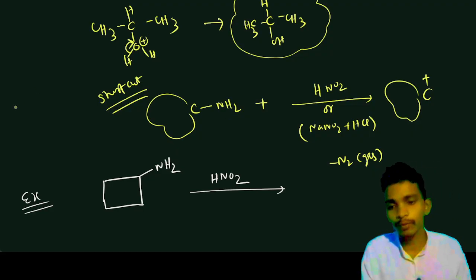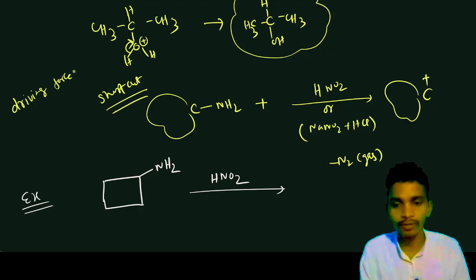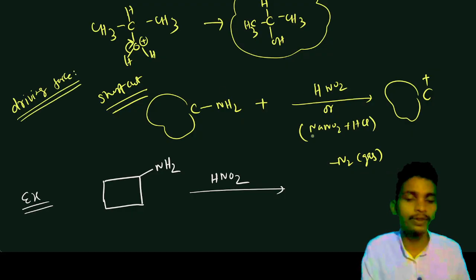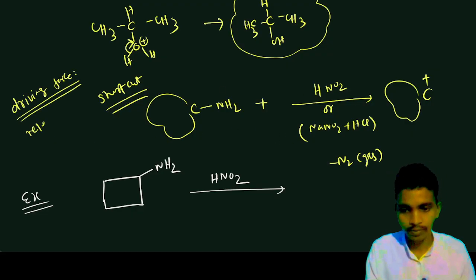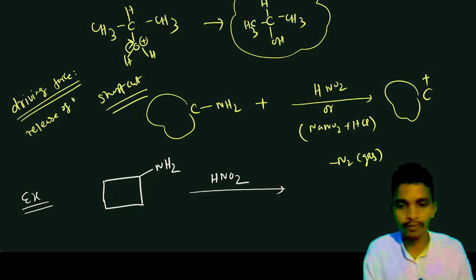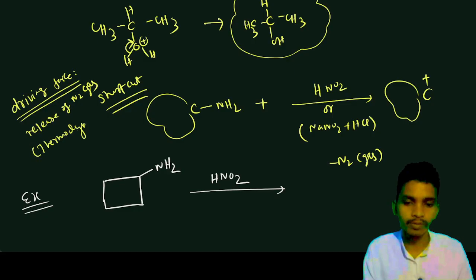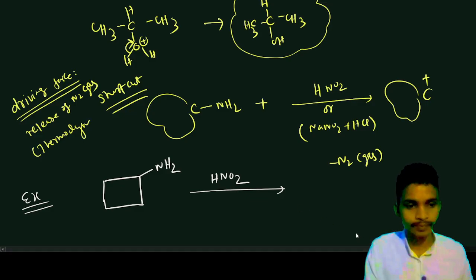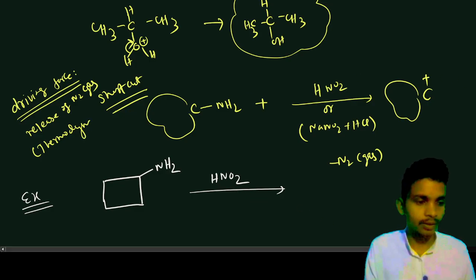And what is the driving force for these reactions? The driving force is the release of N2 gas, because this is thermodynamically stable. Okay, that is the driving force for these reactions. So this way we can solve.